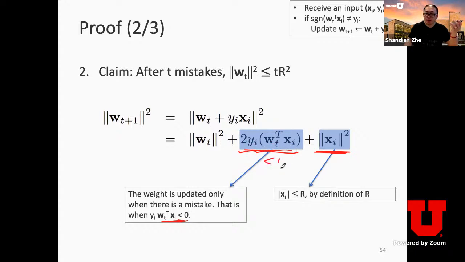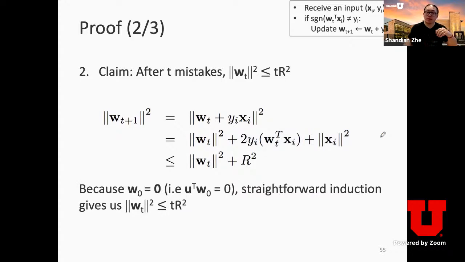So we have the second term less than 0, and the third term less than or equal to R squared. Then we can immediately get an upper bound, which is the square norm of WT plus R squared.